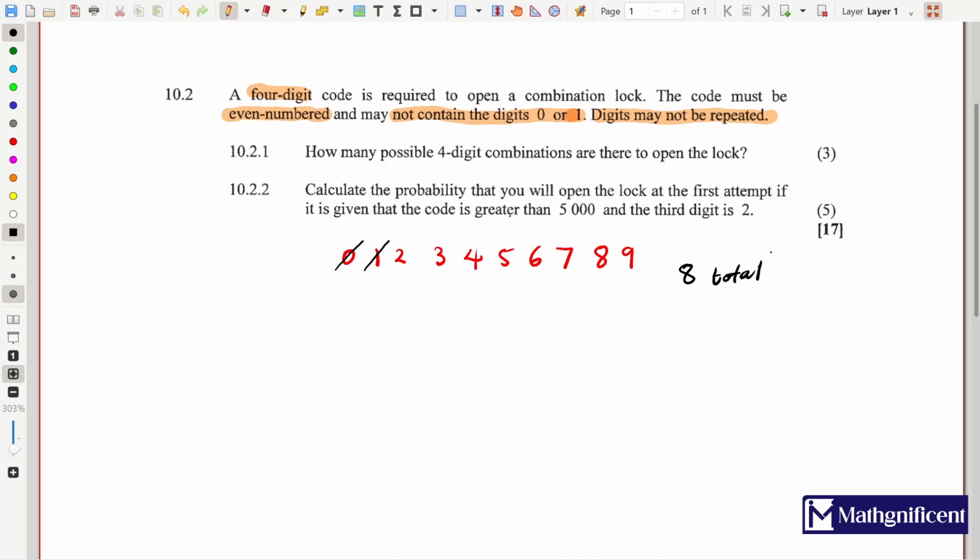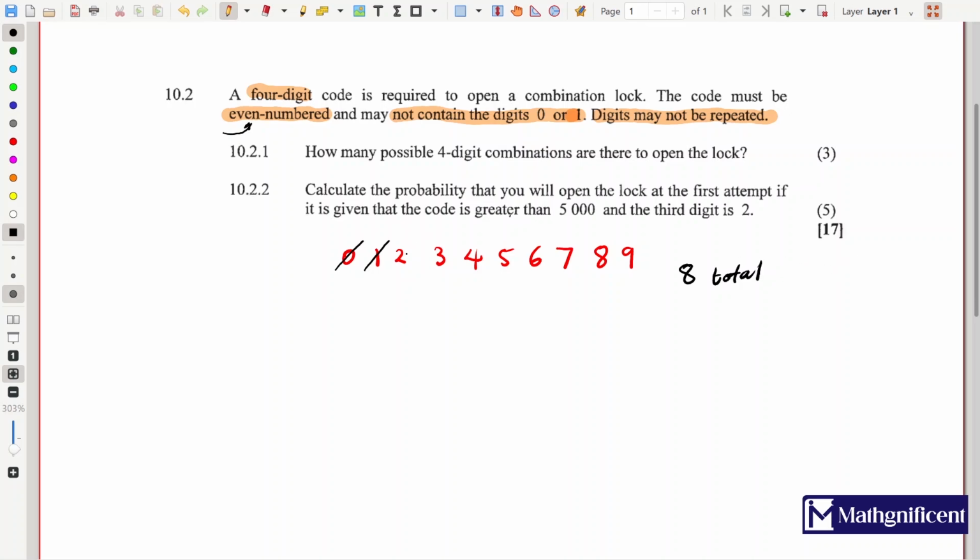Right, so now let's take a look at this. For a code to be an even number, according to this example here, since you can't use 0 and 1, the code should end with what?